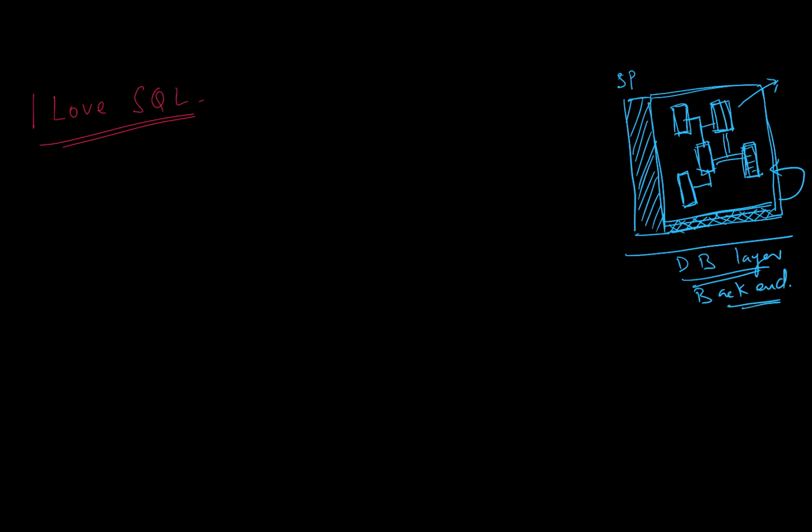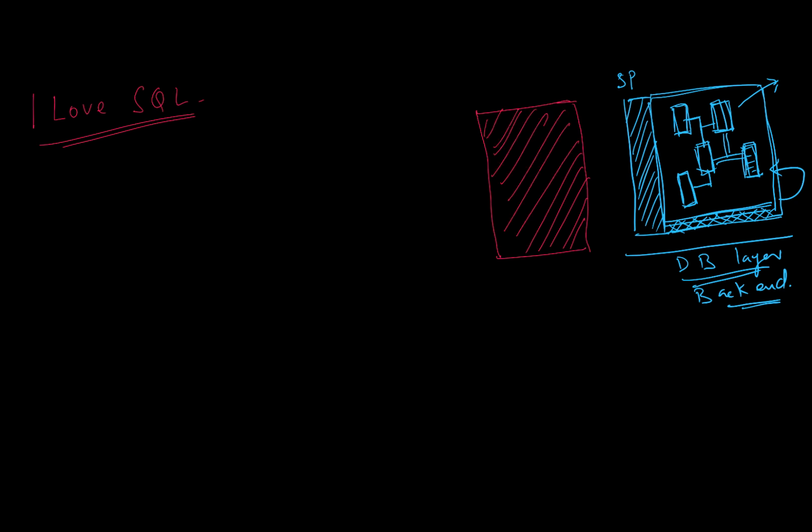And then the next layer will be the middle tier. This middle tier layer used to be very complex, very big, because there will be a lot of business logic in this middle layer.